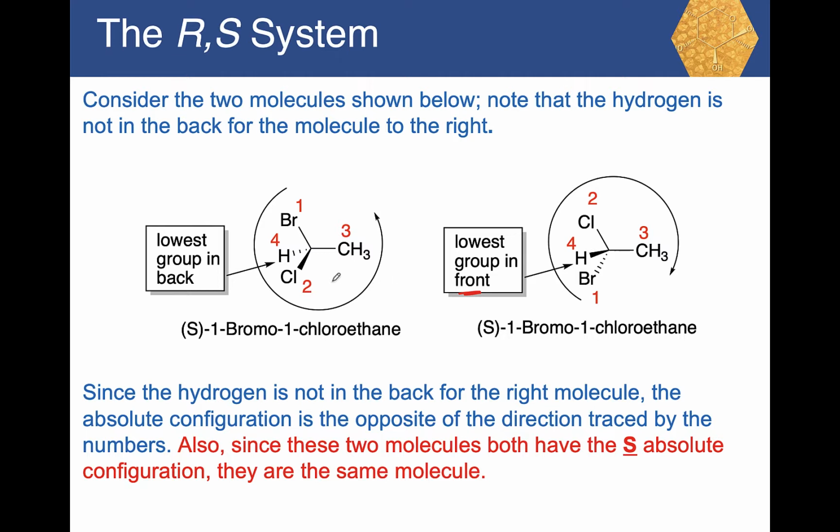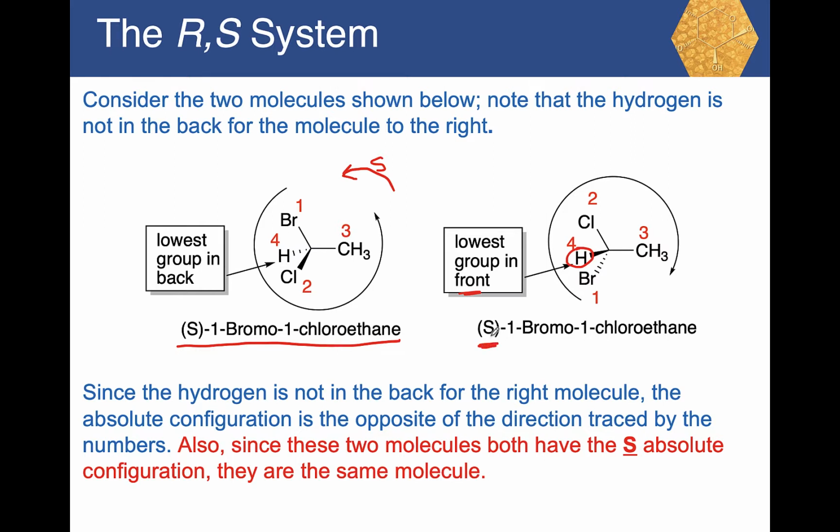So based on the rules, we trace 1, 2, 3. This is an S because it is going counterclockwise. So this molecule is S-1-bromo-1-chloromethane. On the other hand, we still can trace 1, 2, 3, but because this group is in the front, it's going to be the opposite.